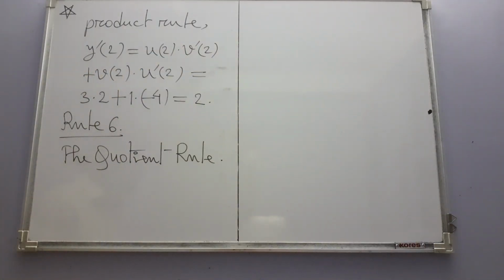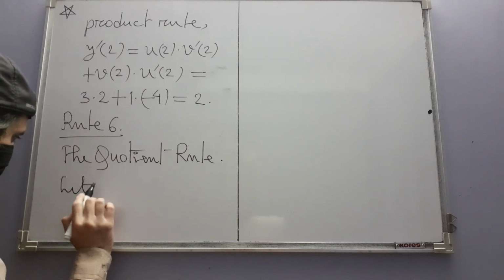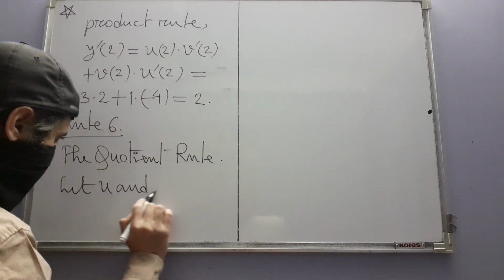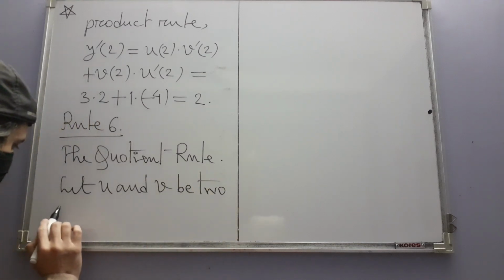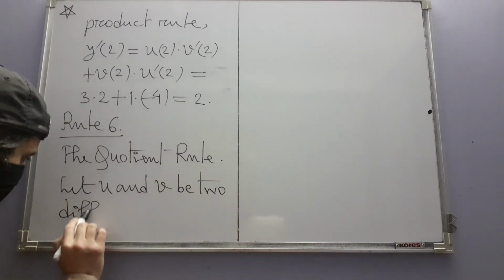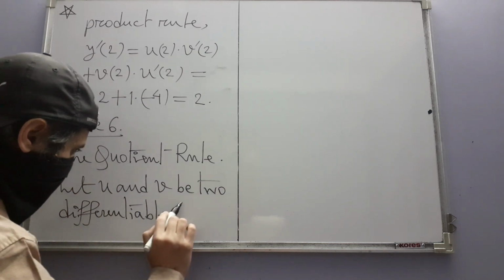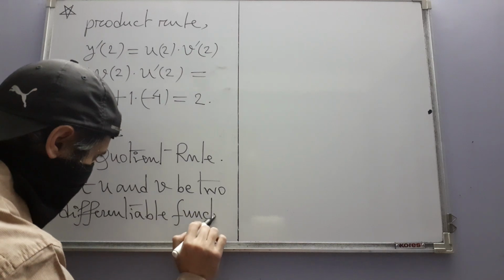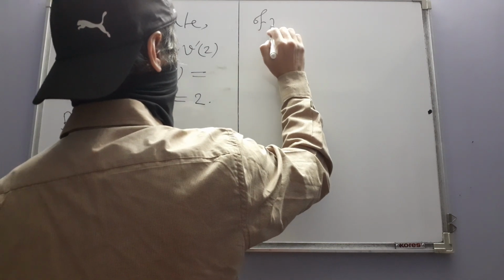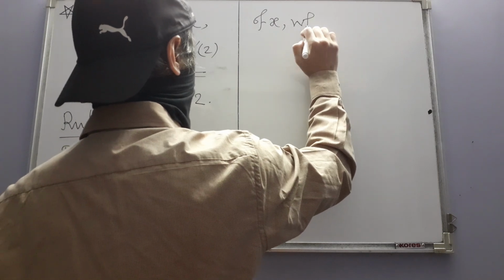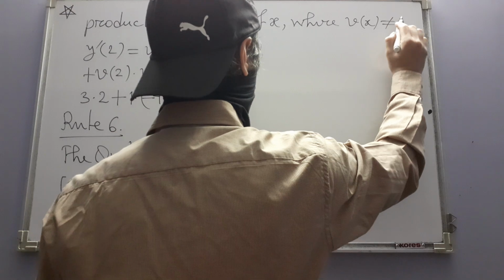Okay, so let's first see what the rule states. Let u and v be two differentiable functions of x where v does not vanish, v is never 0.